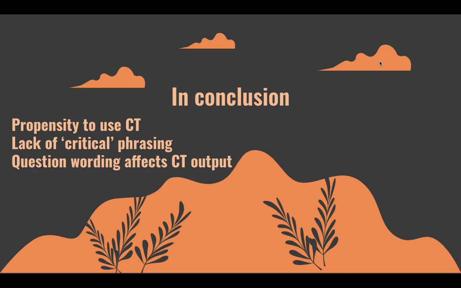First, students displayed a propensity to use critical thinking skills, which is evidenced by the high frequency of objective answers. But students lacked an awareness of language forms, which could be used to better articulate critical thinking. We have discussed ways in which students' awareness of critical thinking can be raised by providing instruction on language forms specific to critical thinking.